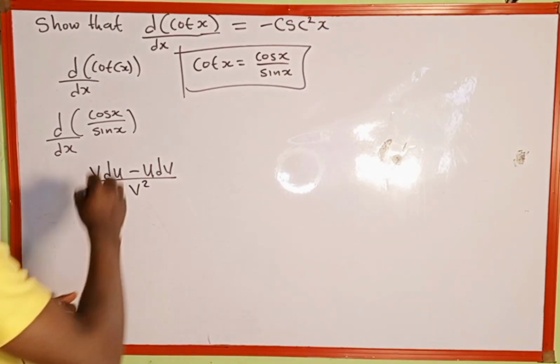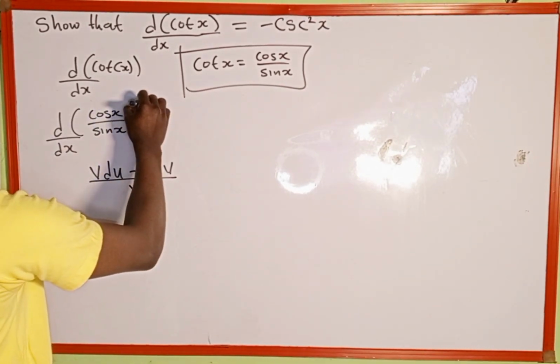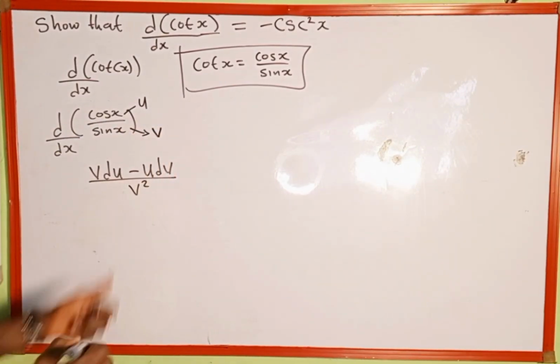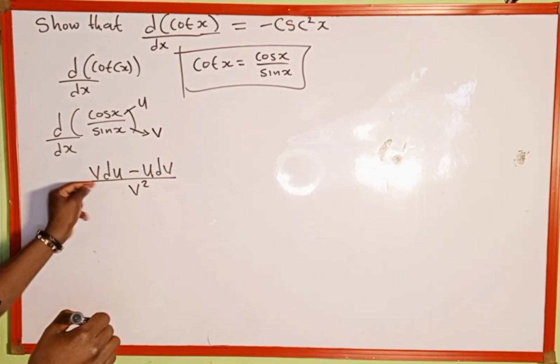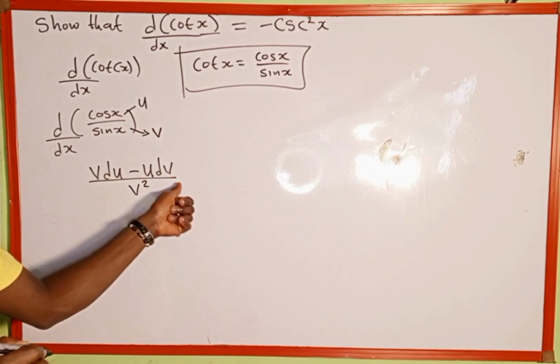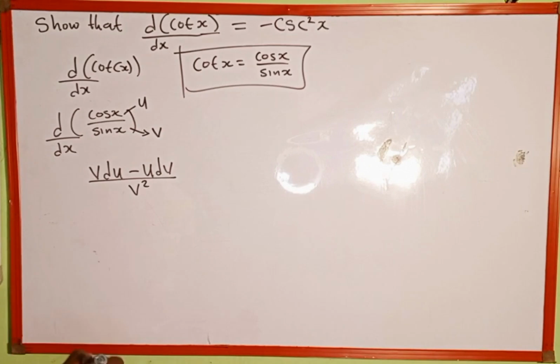So now we are going to let the up one be u, and the down one be v. So this formula implies we are going to write v multiplied by the derivative of u minus u multiplied by the derivative of v all over v square.